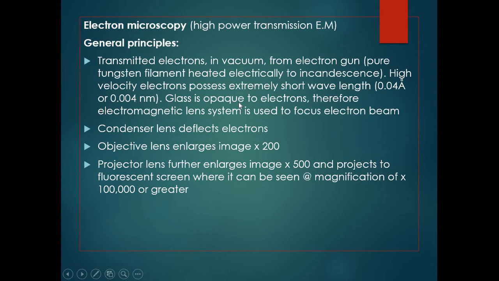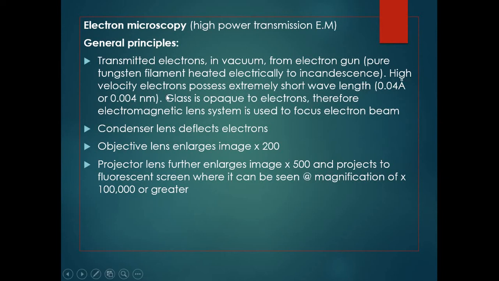Electron microscopy. High power transmission electron microscopy. General principle: electrons are transmitted in a vacuum from an electron gun, which is made up of a pure tungsten filament heated electrically to incandescence.